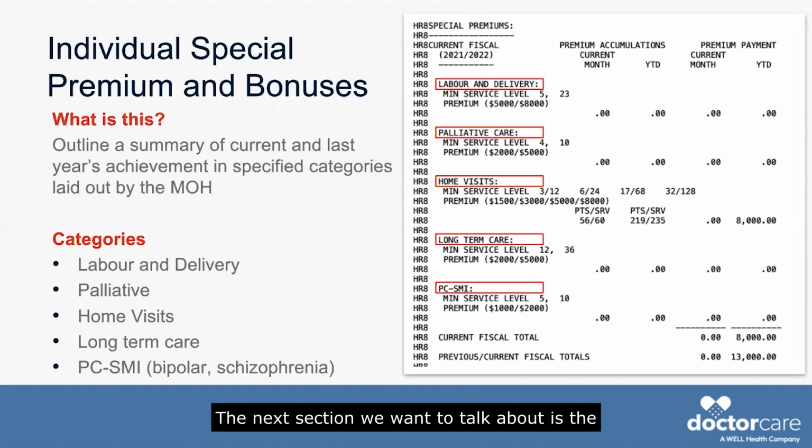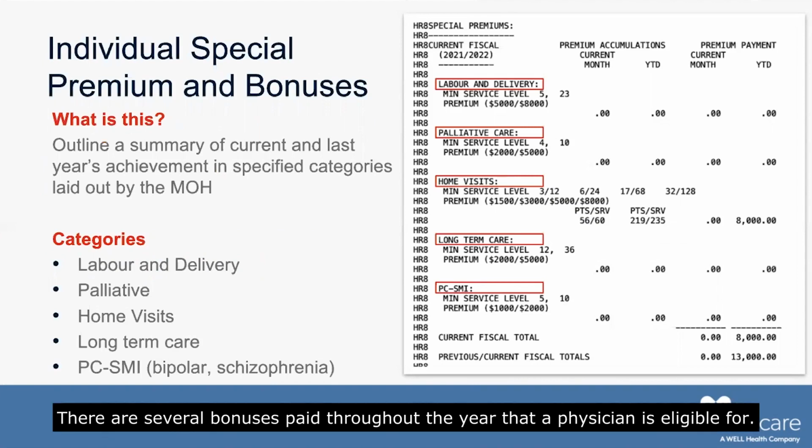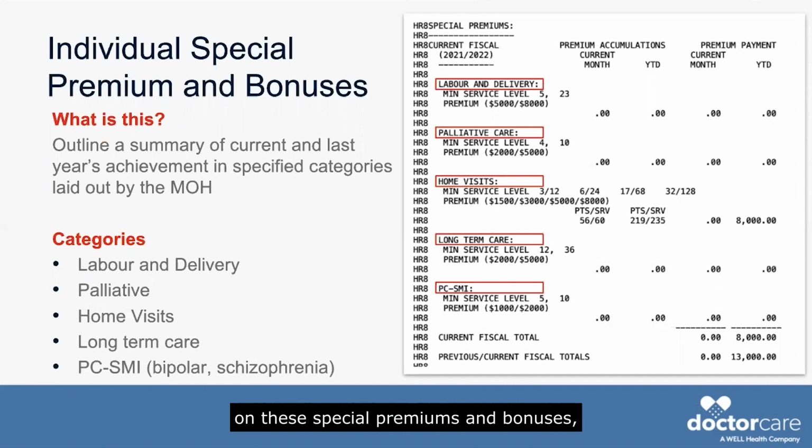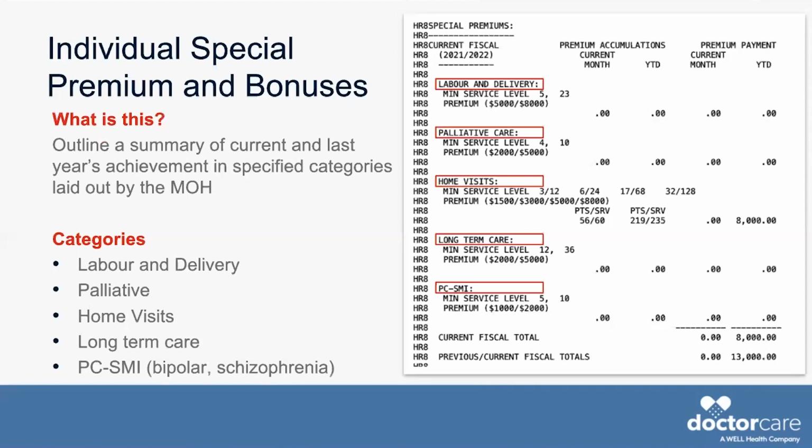The next section we want to talk about is the individual special premium and bonuses. There are several bonuses paid throughout the year that a physician is eligible for. In this section, it outlines the summary of your current performance on these special premiums and bonuses compared to last year's achievements.